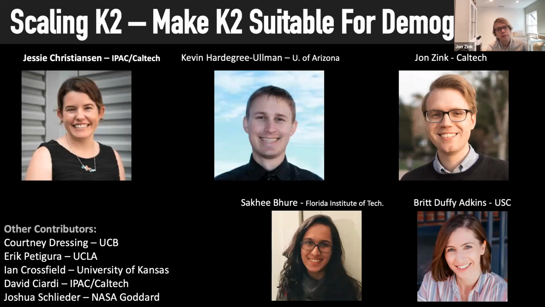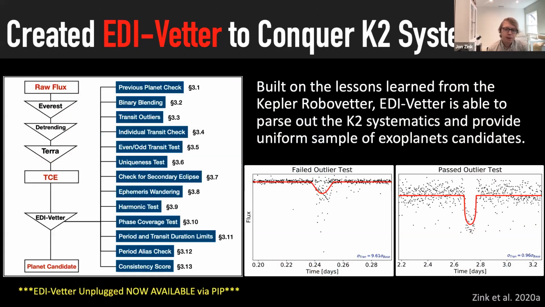In order for us to do that, we really needed to think back and learn some lessons from the Kepler mission. How can we build a pipeline that is fully automated? This was a big part of my PhD, building this fully automated pipeline for K2. What was necessary was this additional vetting metric on the back end.